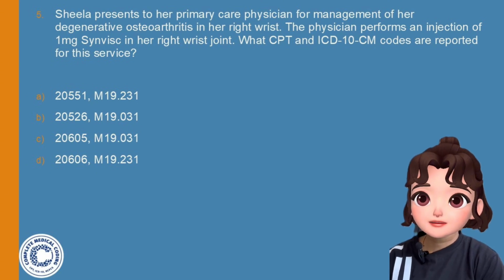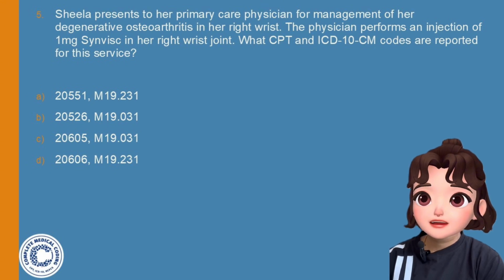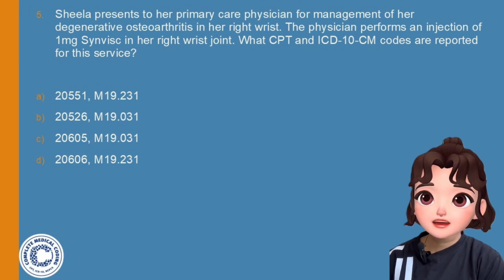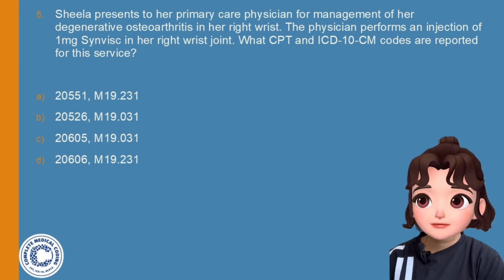M19.231 is secondary osteoarthritis right wrist. And what is M19.031? Primary osteoarthritis right wrist. Here it's not mentioned as secondary osteoarthritis. It's just degenerative osteoarthritis mentioned. So it means it's a primary osteoarthritis. So you have to code M19.031, right?